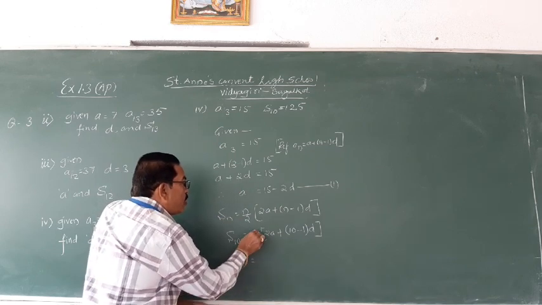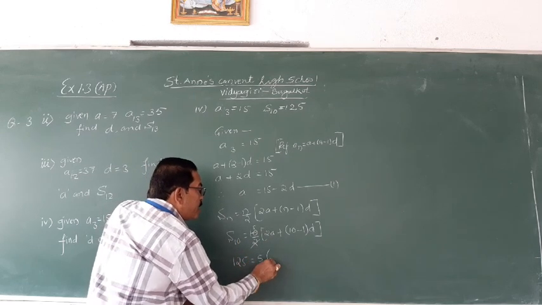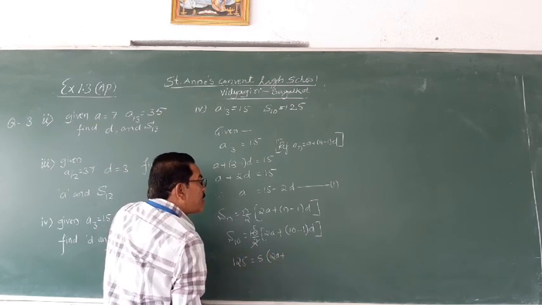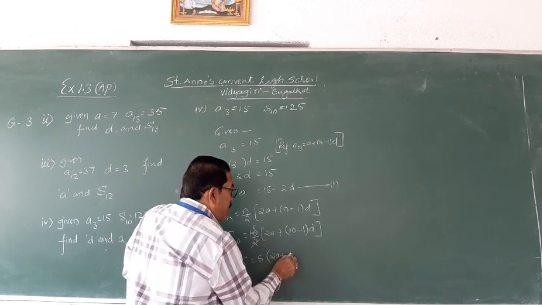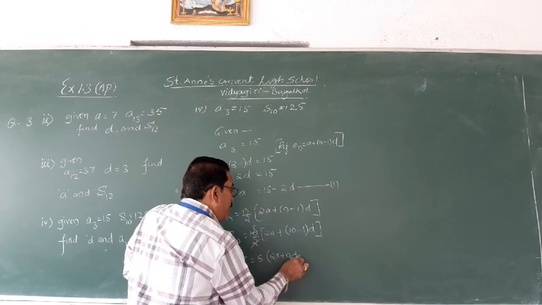So S10 is nothing but 125, that equals 5 in the bracket 2a plus 9d.